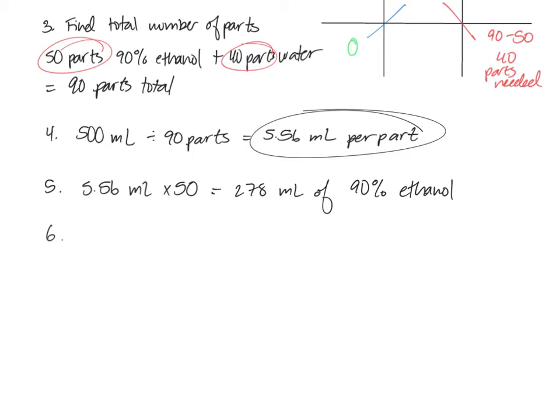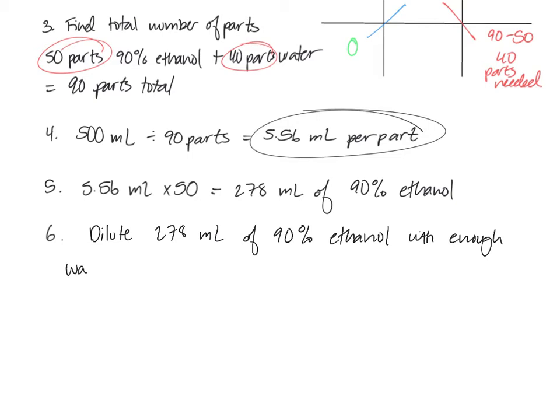We're just going to dilute 278 milliliters of 90% ethanol with however much water we need to bring the total volume to, well, how much did we want again?